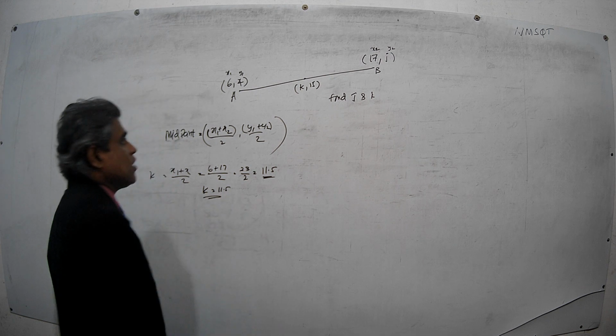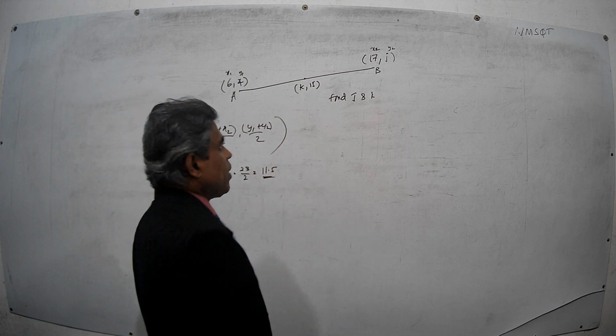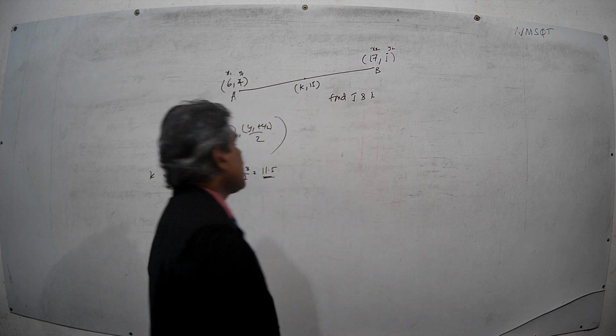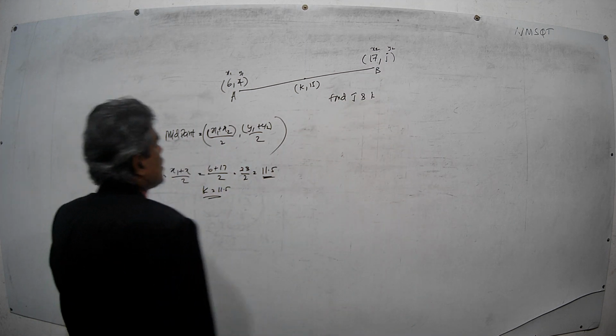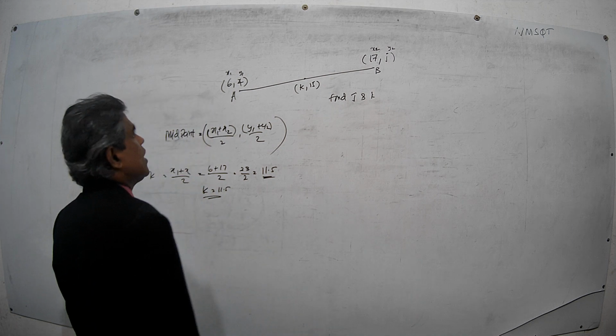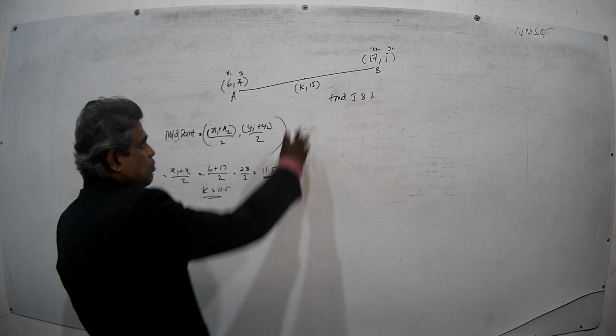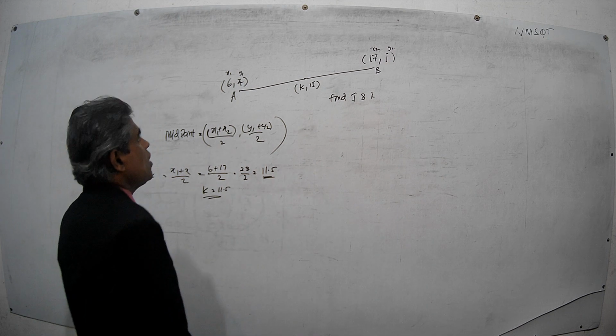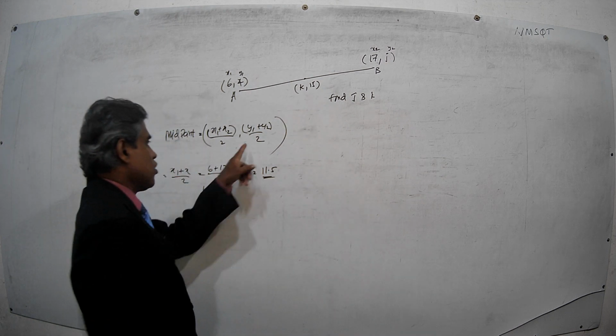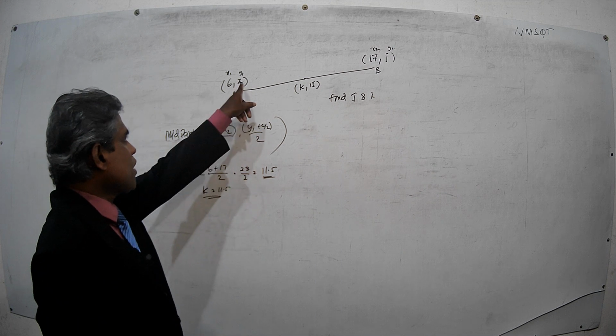Okay, we found K very easily. Then we have to find J. J is the Y coordinate of the point B. To find that, we use the midpoint formula, but only this part, because we have the Y coordinate here.